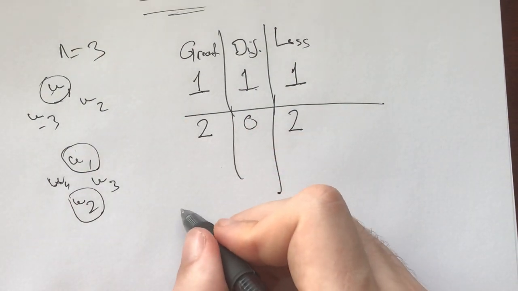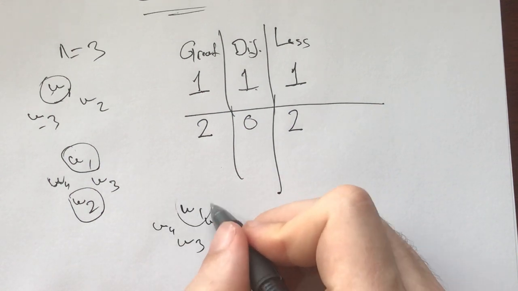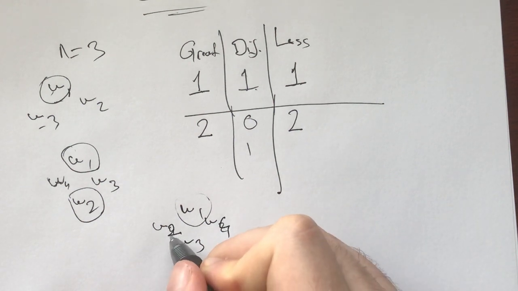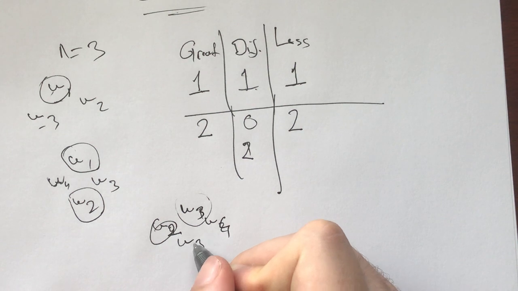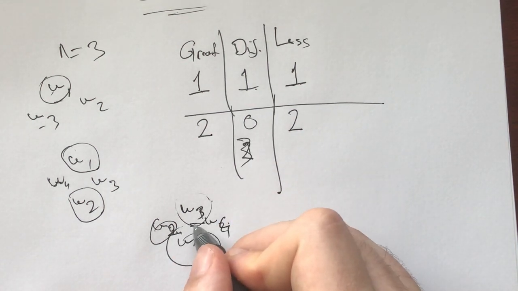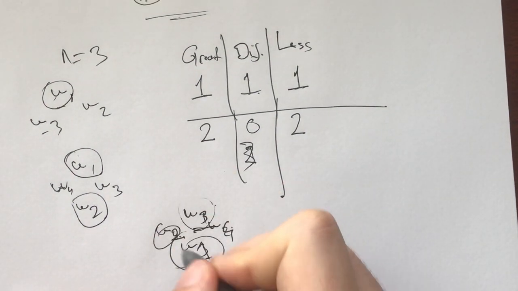Let's look at another case where it actually doesn't fail. W1, W2, W3, W4. So now they are different once, and then W2 and W4 are different twice, W3 and W1, and now they are different 3 times. Is this correct? Wait a second. Let me just double check this. Actually, for W1, they're both greater than.